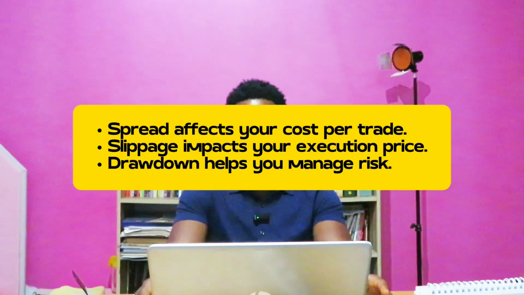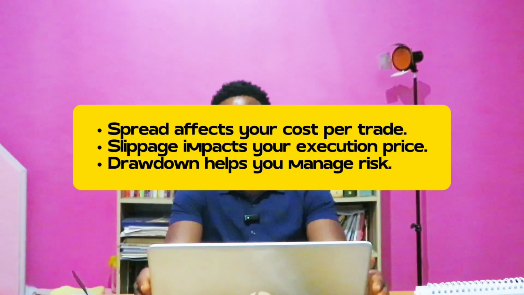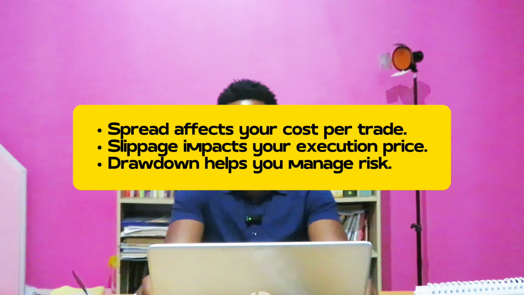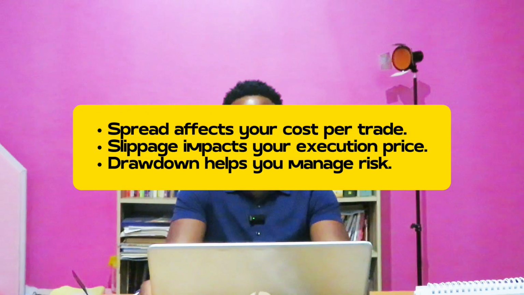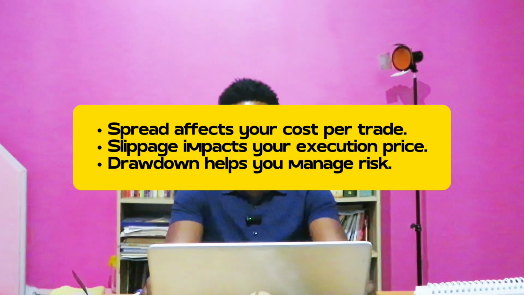So let's bring it all together. The spread affects your cost per trade. The slippage impacts your execution price, while the drawdown helps you manage risk. Understanding all of these concepts that we've discussed in this lesson is going to make you a smarter trader for sure.